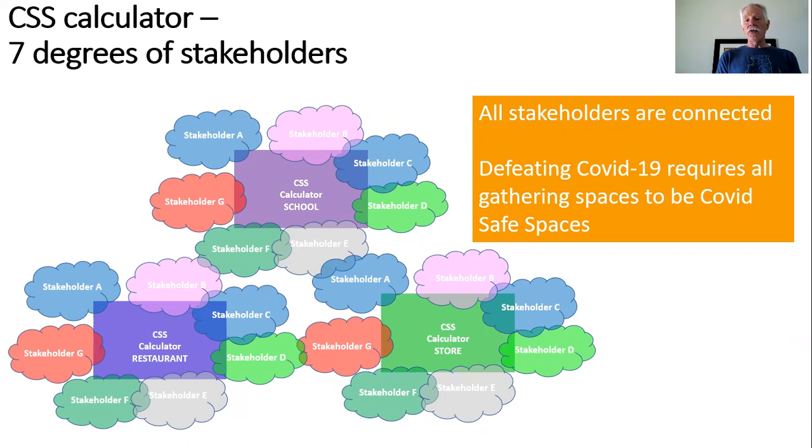All of these spaces must be COVID safe spaces. They must be spaces in which the multiplication of this infection has been reduced to a level where it's no longer sustained and it dies out in order to protect our communities.